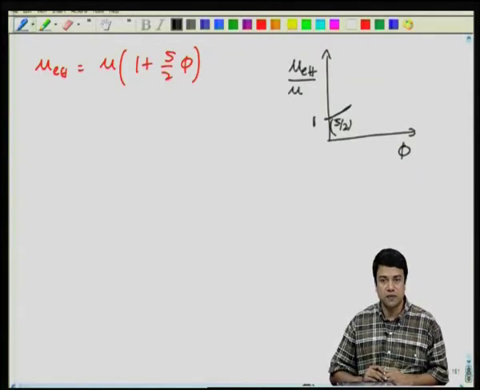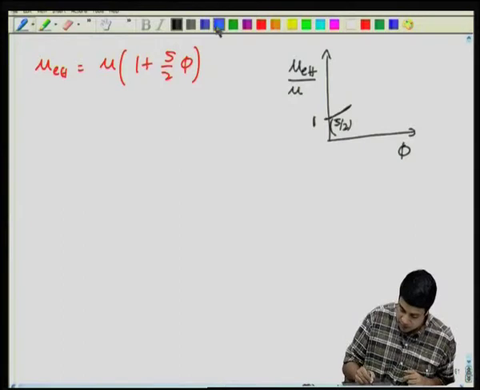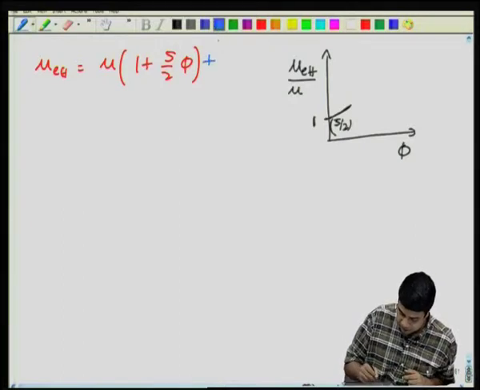Of course, as the volume fraction increases, there are going to start to be interactions between particles, and the calculation of the viscosity due to interaction between particles is a complicated one. It turns out that the next correction is 6.5 φ².